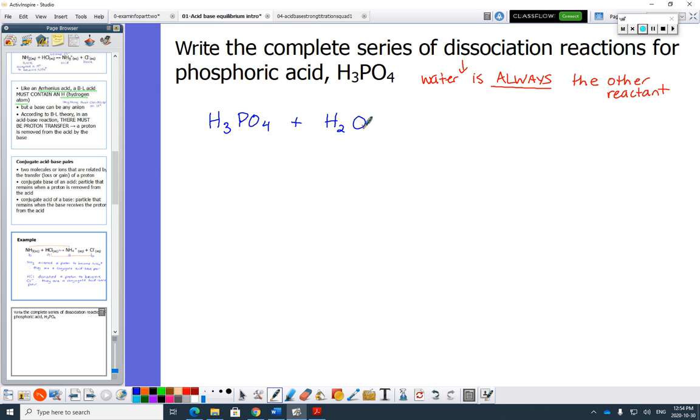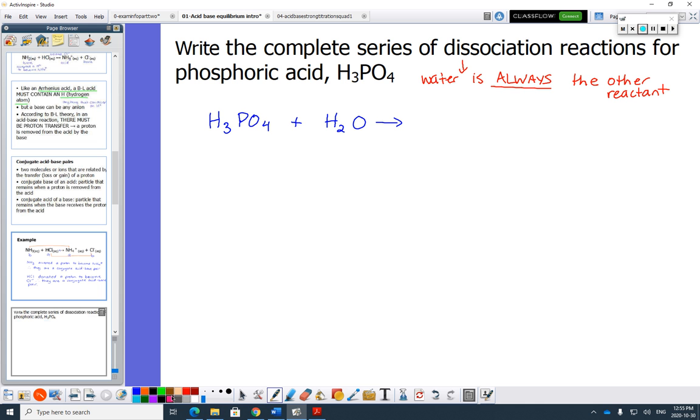It doesn't really matter whether you use a double arrow or not. When we figure out the acids and bases, maybe it makes more sense to you to use a double arrow. It's up to you.